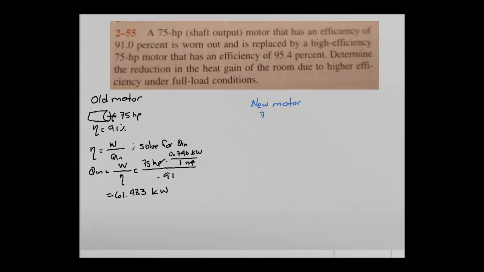we have the same 75 horsepower of power, but now the efficiency is 0.954.